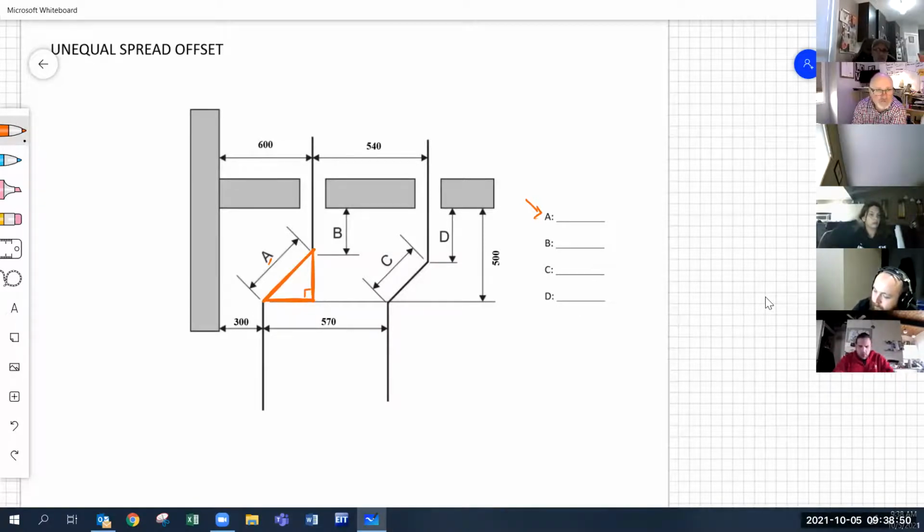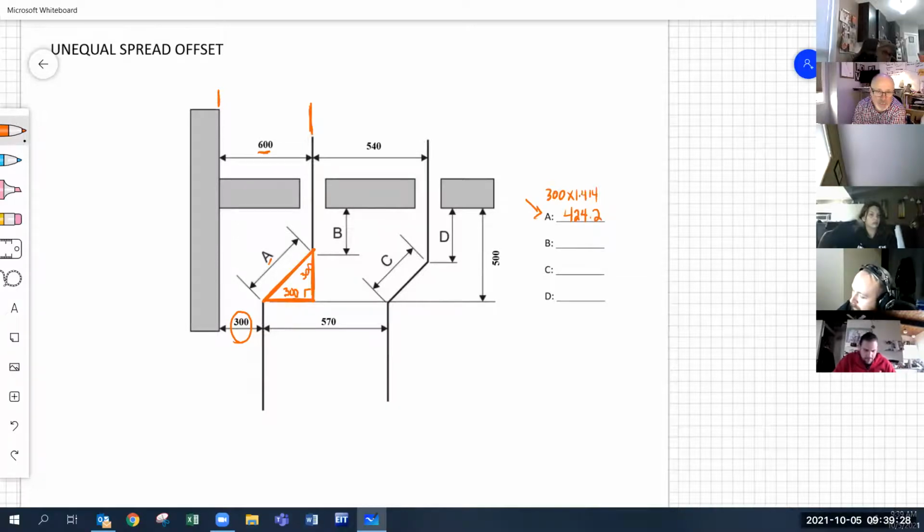So first off, you see up here, this measurement in here is 600. And if I minus off the 300 down here, that means my run is 300. So my rise is 300. So A is 300 times 1.414. So A is 424.2.